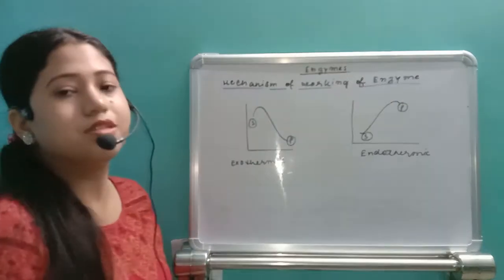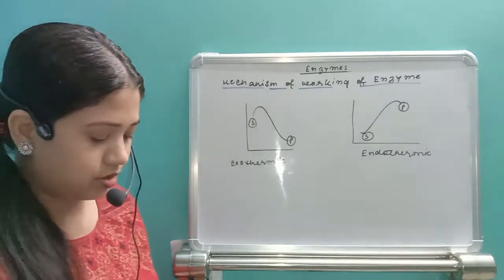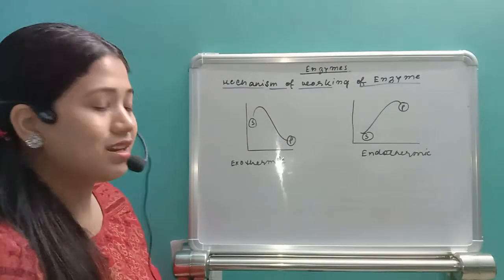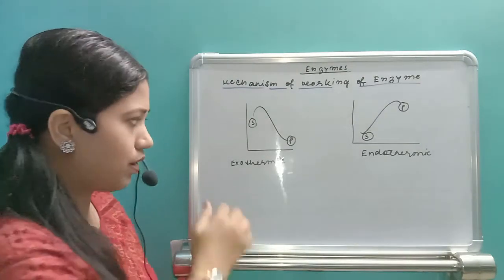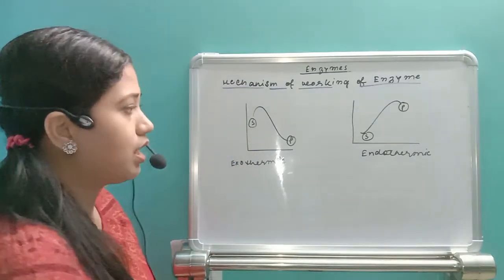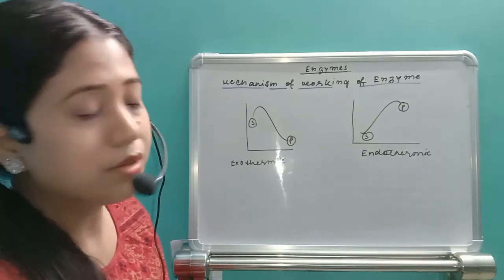Let us see the energy level differences between the substrate and the product. You have seen the substrate is converted into the product, and here in this reaction also the substrate is converted into the product.